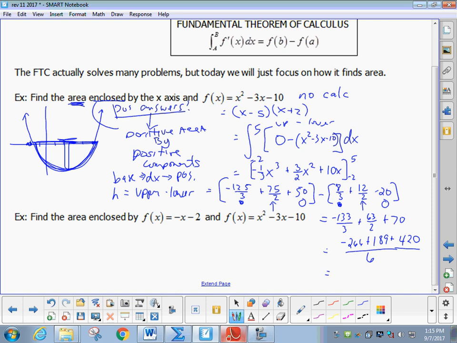So, do you want to add first or subtract first, or what do you want to do here first? Let's do 420 plus 189. What do you see? Because 420 plus 180 is 600, so that's 609. All right. And 609 take away 266. That's maybe not so much, but let's see.